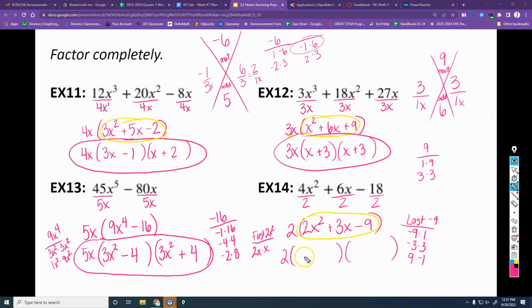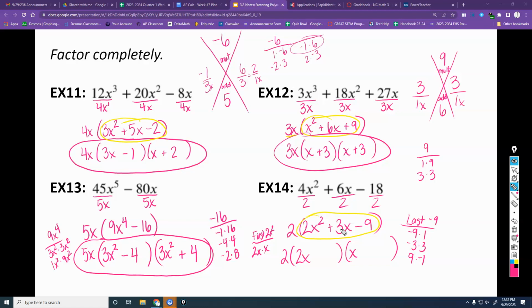So I know my only option for my x's is just to do 2x and x. The numbers here, none of those adds will give me 3, because this is the more complicated problem. We've kind of got to guess and check on this.